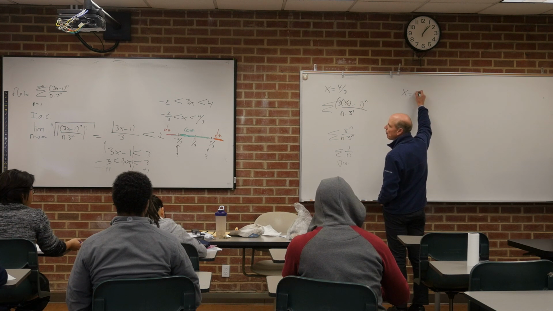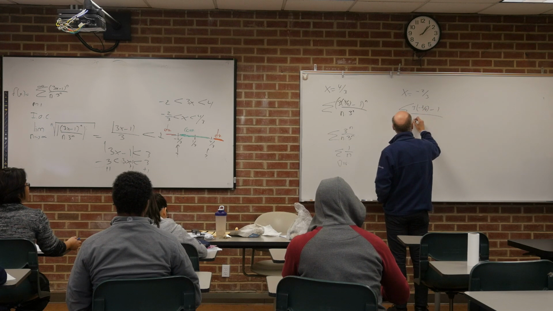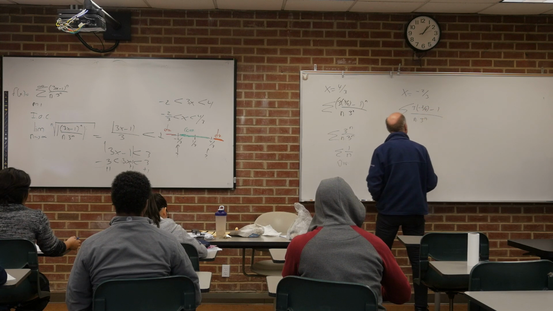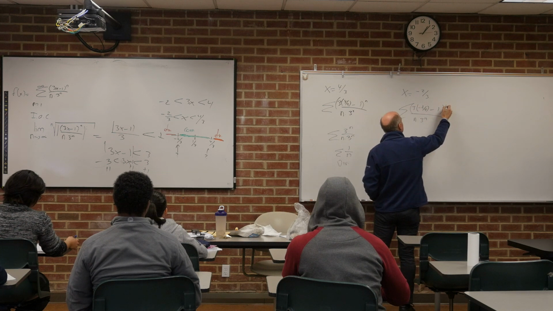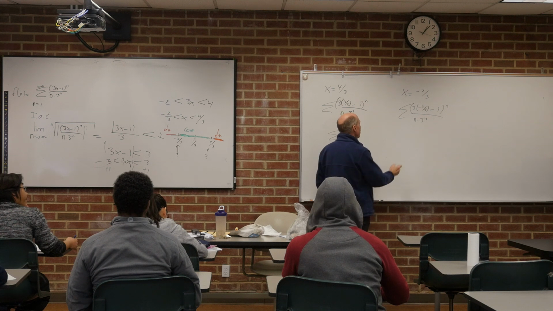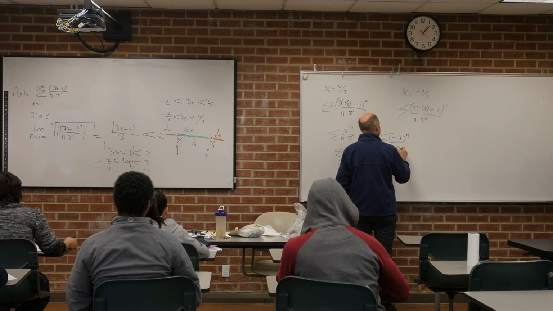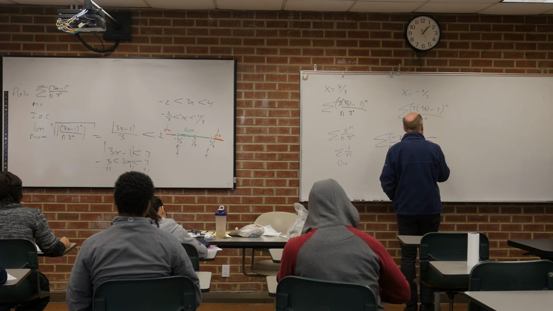And for x equals negative 2/3, so negative 2 minus 1, this is negative 3 to the n over n times 3 to the n.